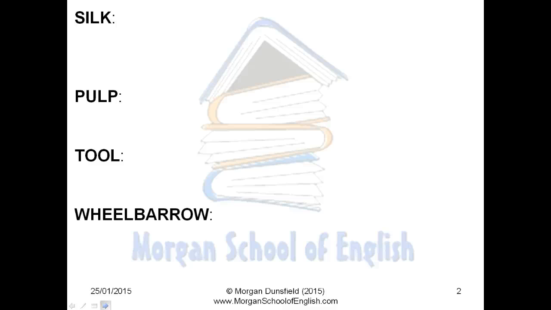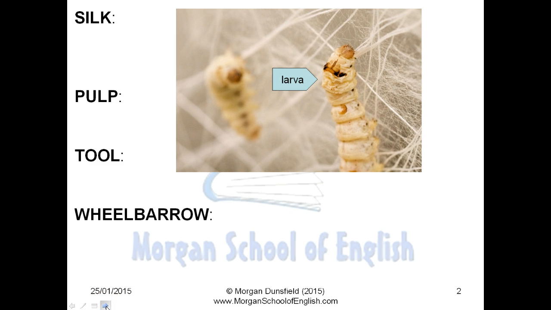Here we have 4 words: silk, pulp, tool, wheelbarrow. Silk comes from a little insect who actually makes it.